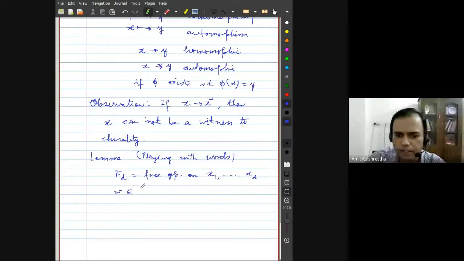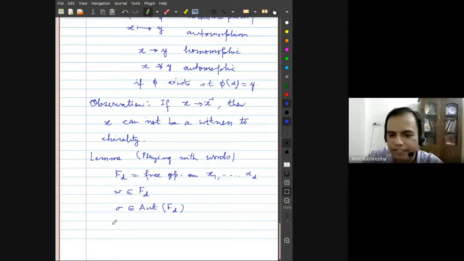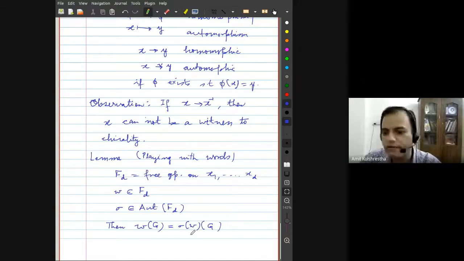You take W, a word in this, and you take an automorphism sigma of F_d. And then the statement is that the image of W and the image of sigma(W) are equal for every group.